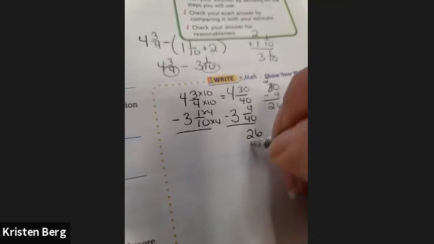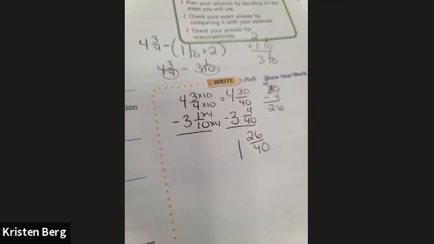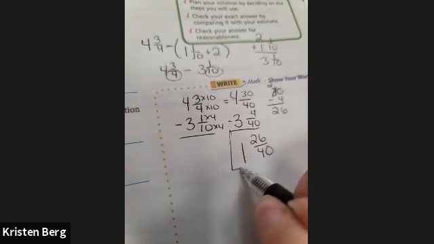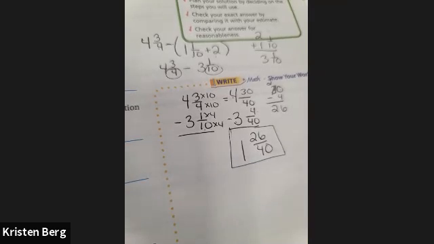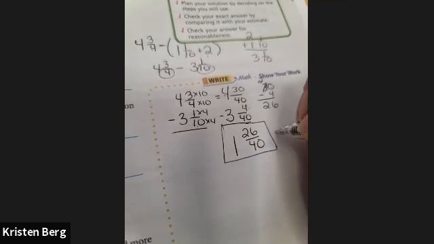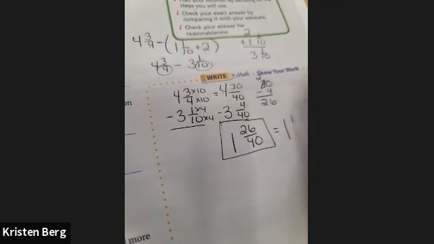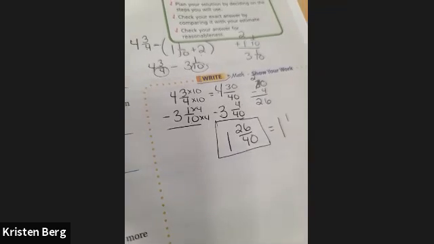So this is 26 over 40 and then 4 minus 3 is 1. So therefore the answer is 1 and 26 40ths. If you did it in 20ths, you should have gotten 1 and 13 20ths.